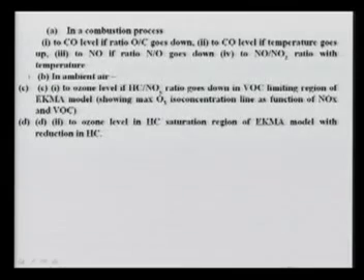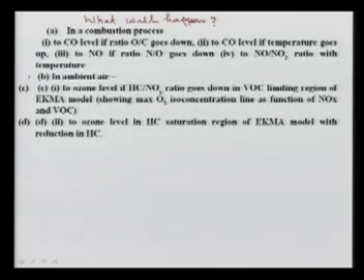Okay, you see the problem on your screen now, and we'll try to understand this. The background is already there. So the question is, what will happen, I think I should write here, what will happen when in a combustion process the CO level changes, if the ratio of O to C goes down.